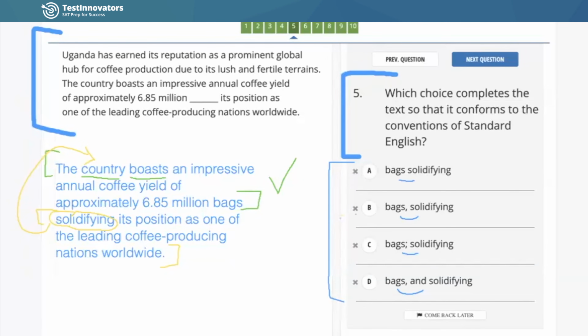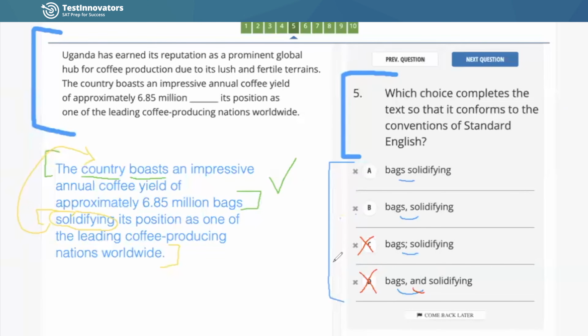We can determine, for starters, that choice C is incorrect because of the semicolon. A semicolon can connect two independent clauses, but it cannot connect a main clause to a dependent clause or phrase. So that's out. Next, we can rule out choice D because the coordinating conjunction and cannot be used to connect a main clause to a participial phrase.